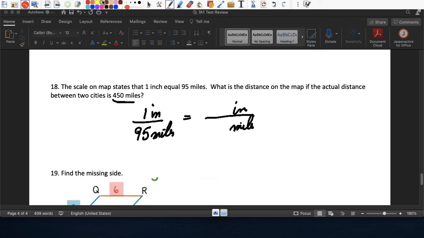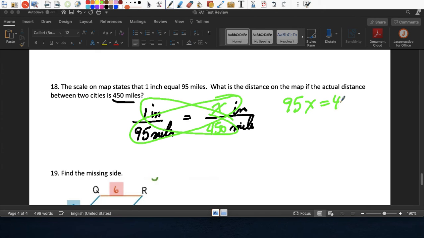So that number is going to go here. How many inches apart would they be on a map? That's what they're asking. Cross multiply. 95x equals 450. Divide both sides by 95. X equals 4.74 inches rounded.